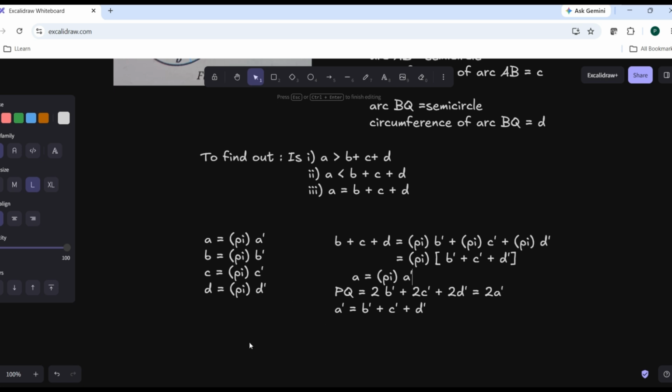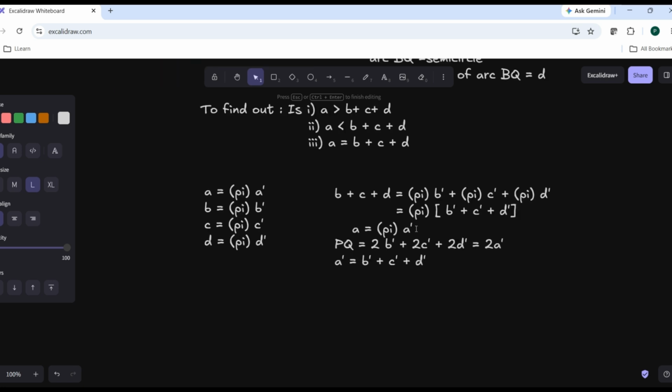So what we can write is, A dash will be A by pi.